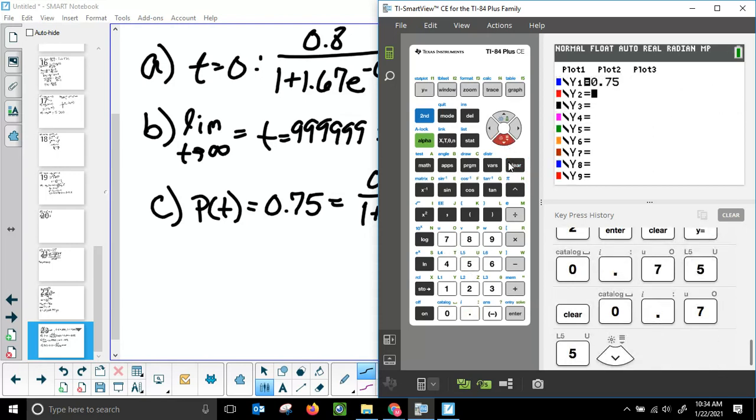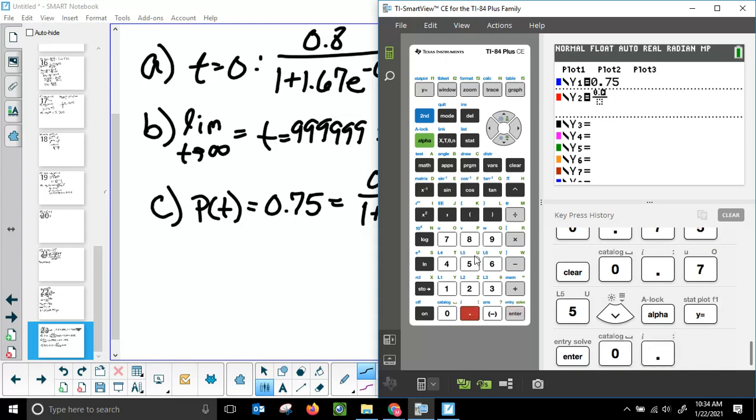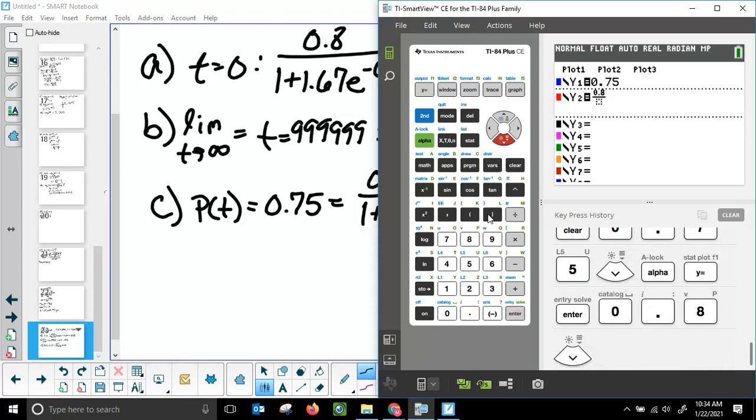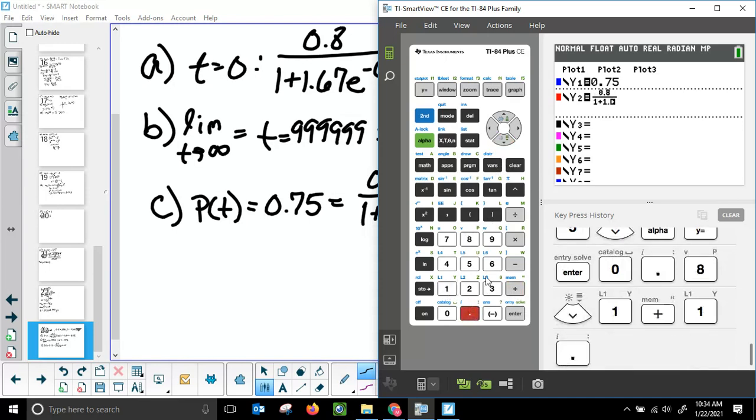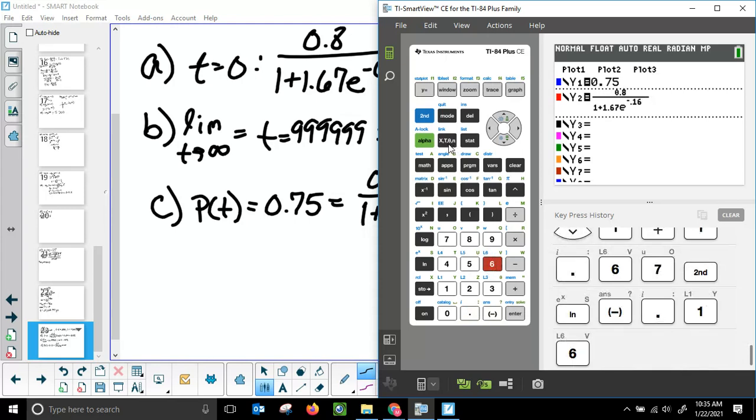And then go here, and that is going to be 0.8 over 1 plus 1.67 times e to the negative 0.16 t, which in this case will be x.